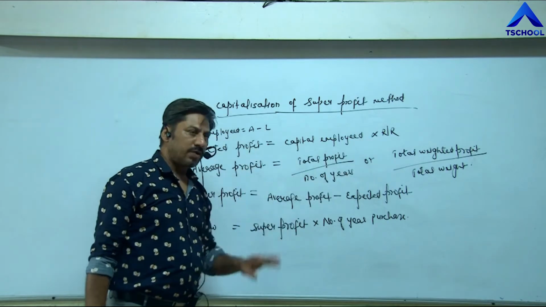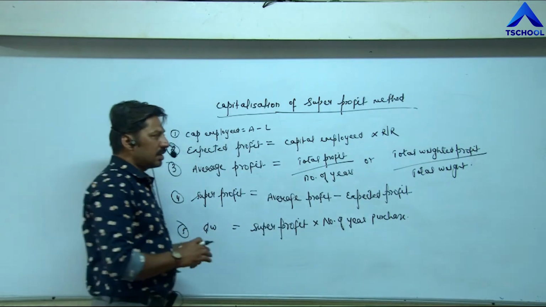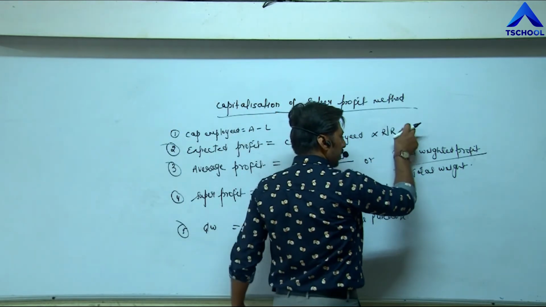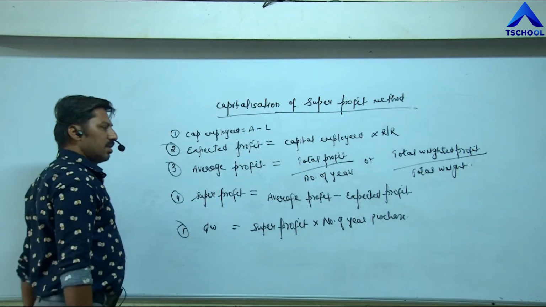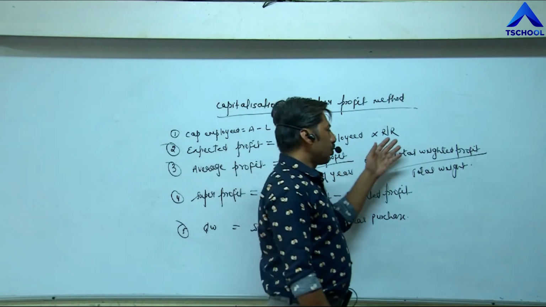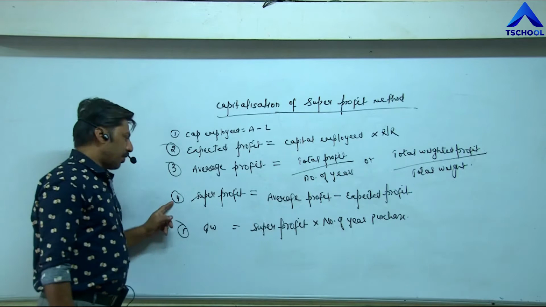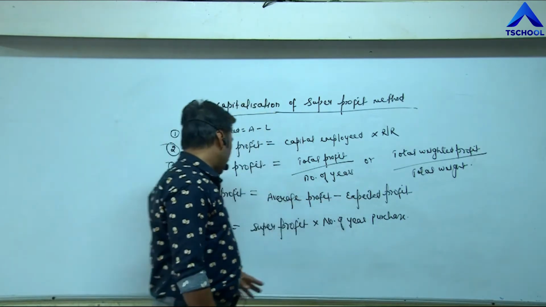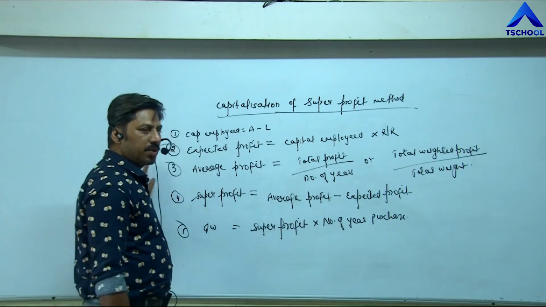Rate of return is always expressed in percentage form. It is given in percentage form. That's why we write rate of interest upon 100. Average profit, we have two formulas, total profit upon number of years or total weighted profit upon total weight. Then super profit, average profit minus expected profit. And last one is goodwill is equal to super profit into number of year purchase.